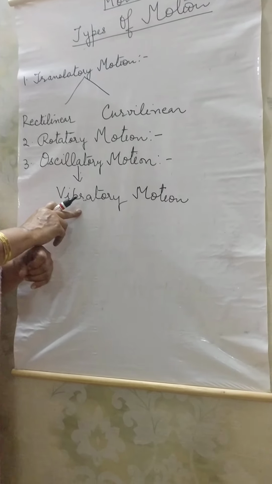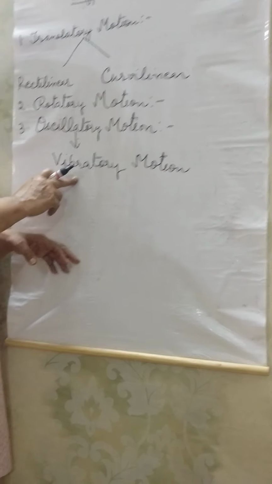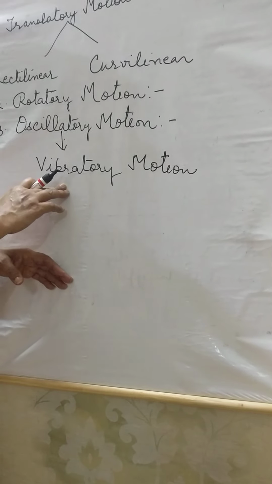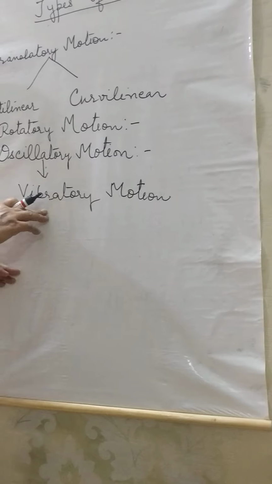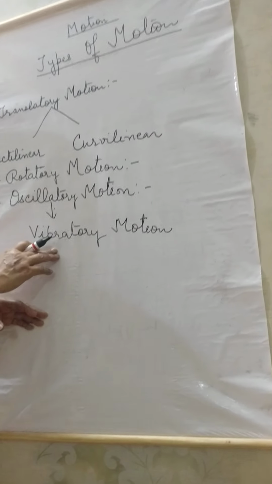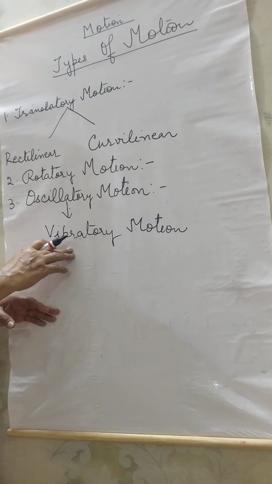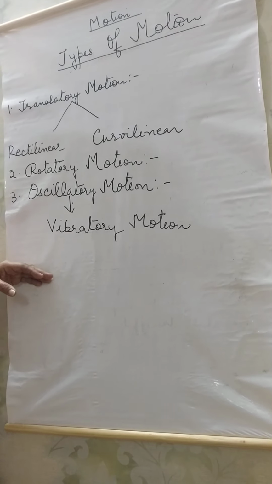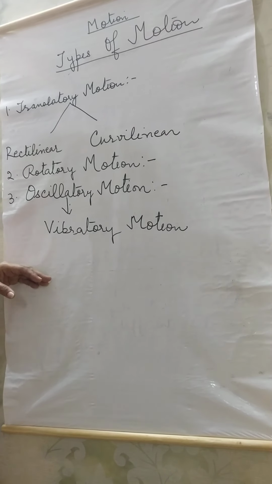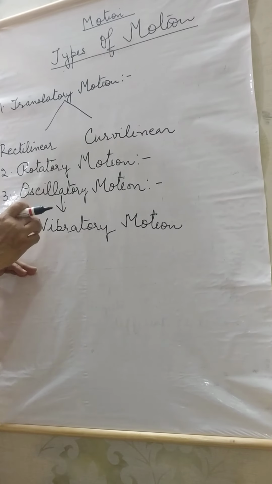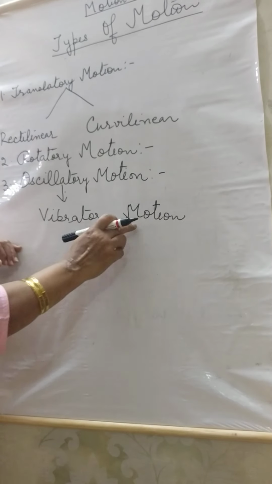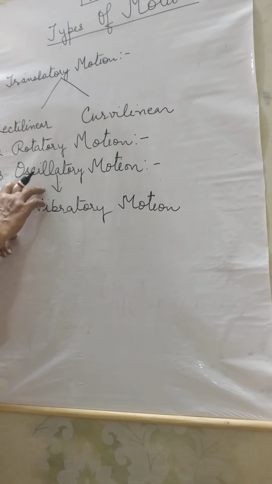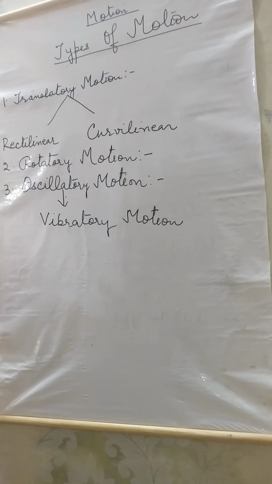In this, some part of the object moves and the rest of the part remains at rest. For example, plucking the strings of a guitar or a sitar or a violin, in that some part of the wire moves, the rest remains at rest.